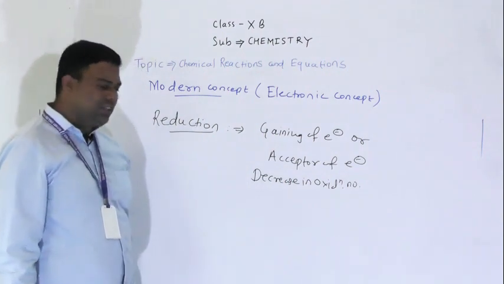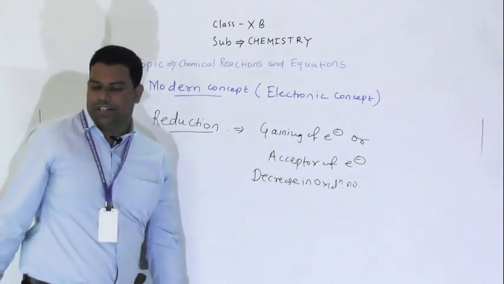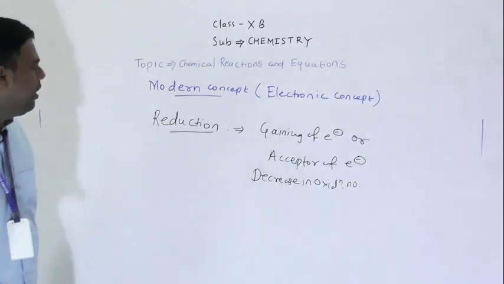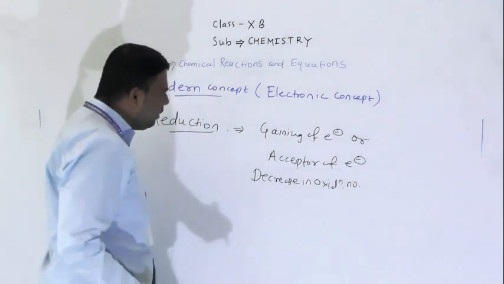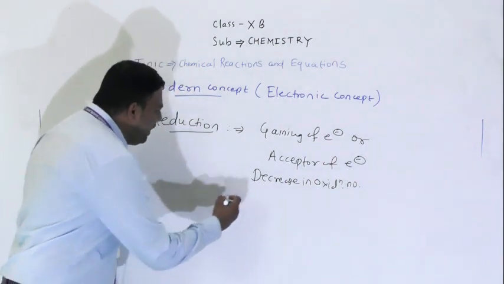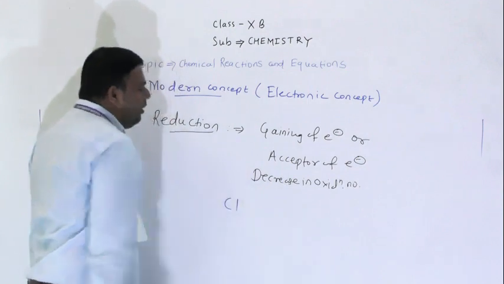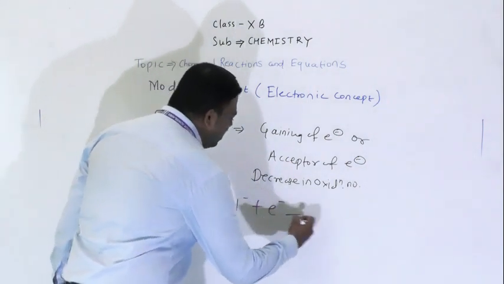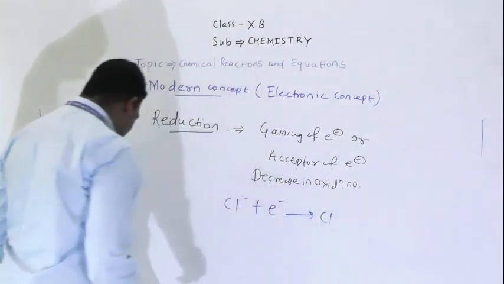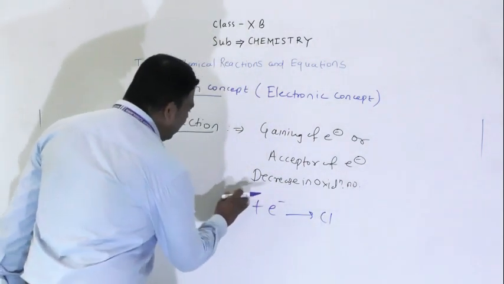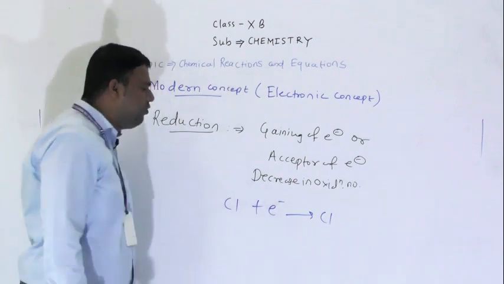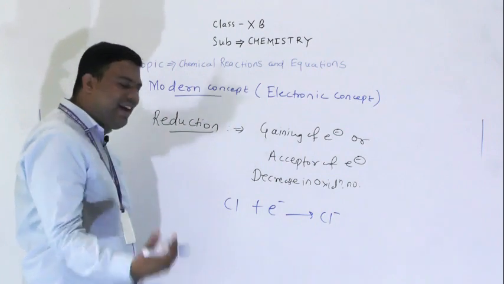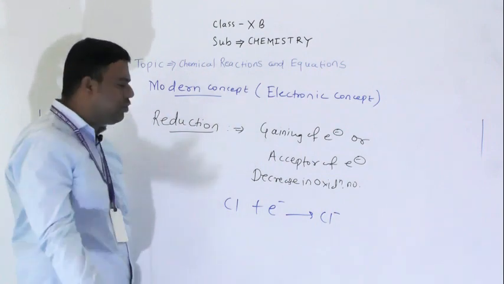Okay, now we will discuss a few examples of reduction and oxidation. So see here, example: Cl plus 1 electron (e-) gives what? Cl-. See here how it is accepting 1 electron to become chloride ion.